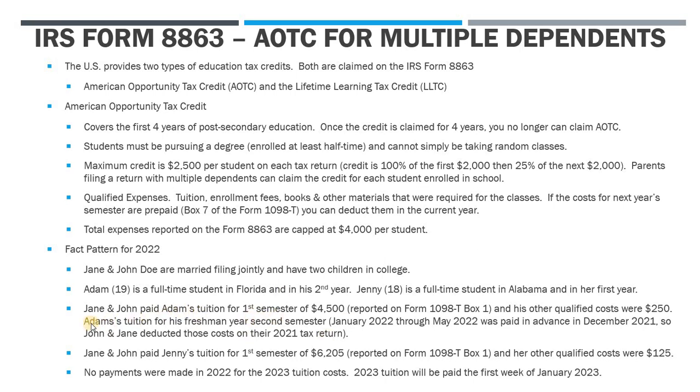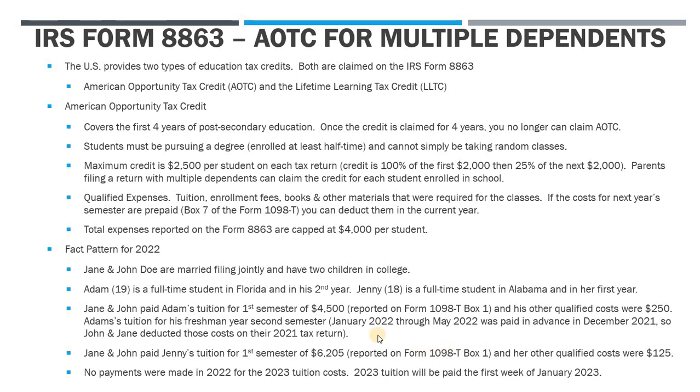Now, here's what's important to note about Adam. Adam's tuition for his freshman year, 2nd semester, so that spring semester, January 2022 through May 2022, the parents paid in advance in December 2021. So when they received the 1098-T for 2021, Box 7 was checked, and it included those amounts that were prepaid for that semester.